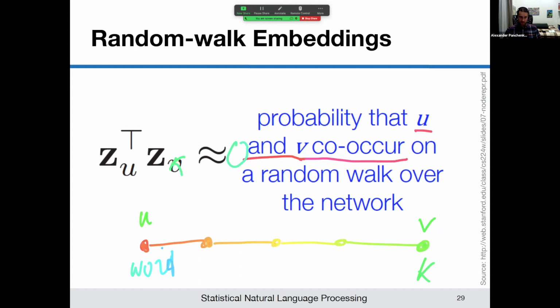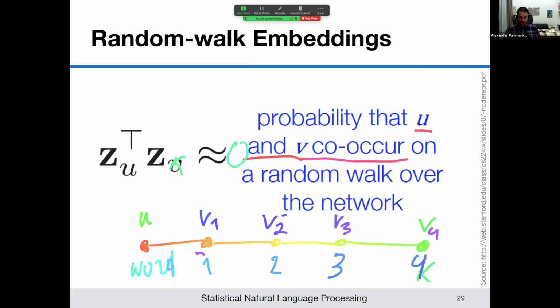And then you have a context. So here's the first context word, second context word, third context word, fourth context word, right? And here what you're going to have is first node, second node, third node, and fourth node.